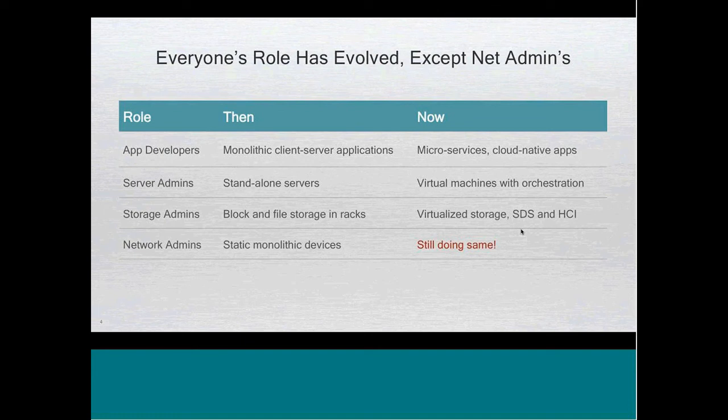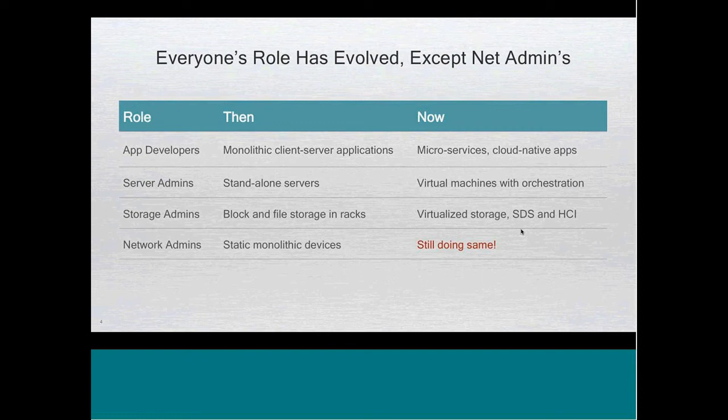So if we look at the IT infrastructure, any IT organization has 4 pillars. There is software, there is servers or compute, then the 3rd pillar is storage, and the 4th pillar is networking. And the people who actually make it happen are server developers, server admins, storage admins, and network admins.